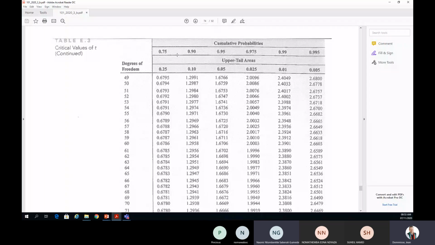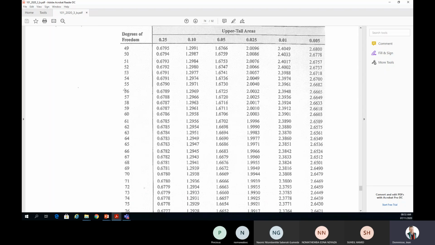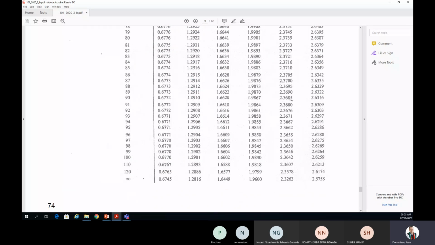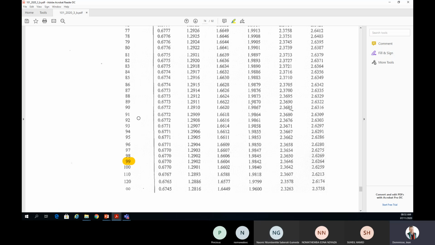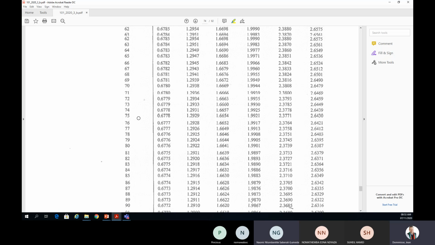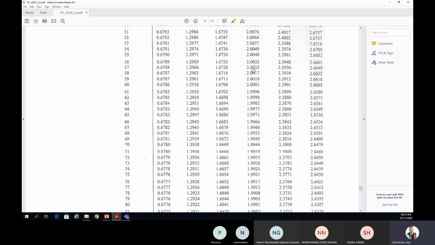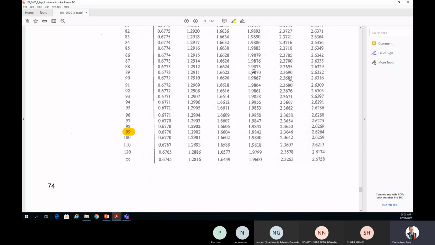Okay, great. Okay, so basically we have that degrees of freedom is 99. So we go all the way down to 99. Okay. Let me quickly see if I can highlight that. Come on. And then we go across where it is 0.025.